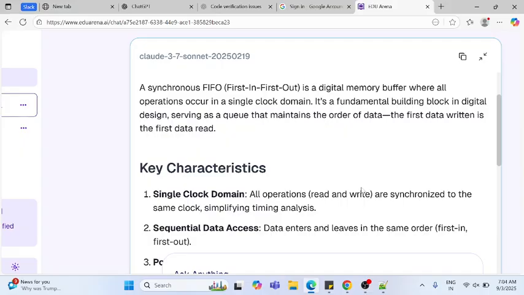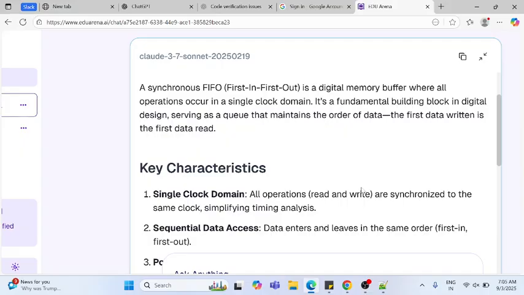Okay, so a synchronous FIFO is a digital memory buffer where all operations occur in a single clock domain, as I was telling you. FIFO is an interconnect structure that acts as a bridge to communicate data between two different blocks. It operates at a single clock for both reading and writing, in the synchronous FIFO especially.